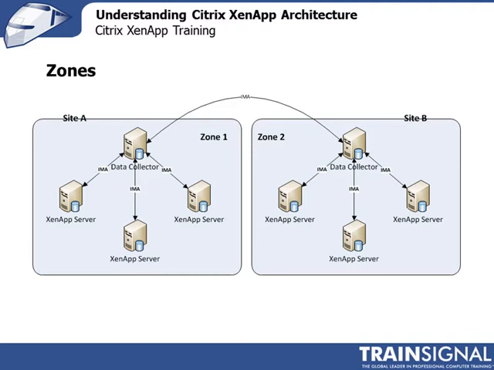Now, any XenApp server within the zone can become a data collector. You don't install anything special. An election happens and one of the XenApp servers is just chosen to be a data collector, unless you specify otherwise. Like I said earlier, in certain environments, because there's a lot of XenApp servers, they elect to have a server that serves the function of data collector and does nothing else.